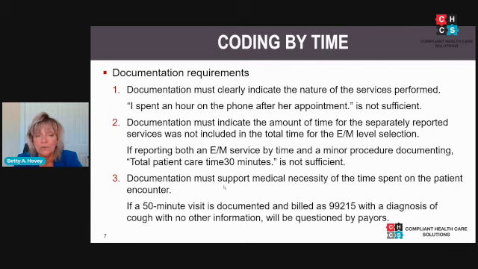And also, documentation must support medical necessity of the time spent on the patient encounter. This is where our ICD-10 codes come into play. And with ICD-10, we have so many more coding choices now, and they continue to add more and more.